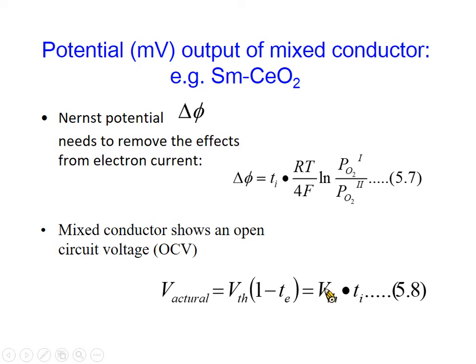So it will equal the theoretical OCV output times ti. This means if we allow the ceria material here to operate in the reducing condition, some of the contribution will go to the electrons, and only the rest will contribute to the ionic conductivity. So the voltage output will reduce accordingly.